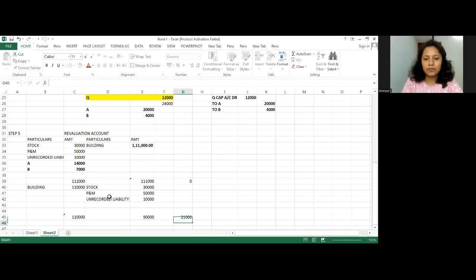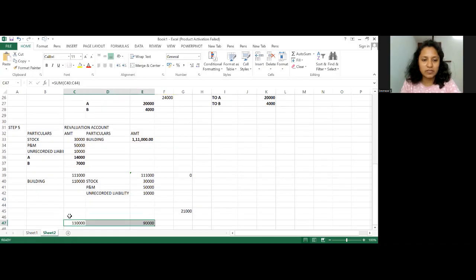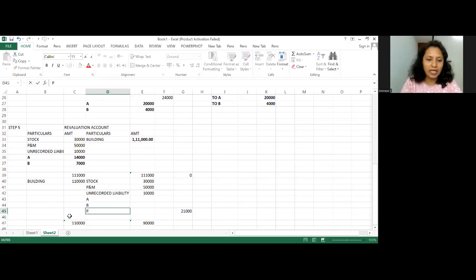But this 21,000, now we will divide it in the new profit sharing ratio among all the partners, A, B, P and Q. 21,000 into 3 by 7, 21,000 into 2 by 7, and then 21,000 into 1 by 7.